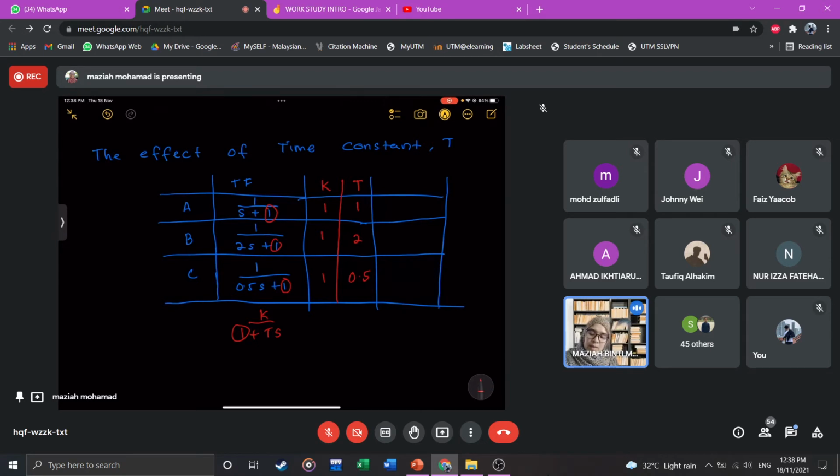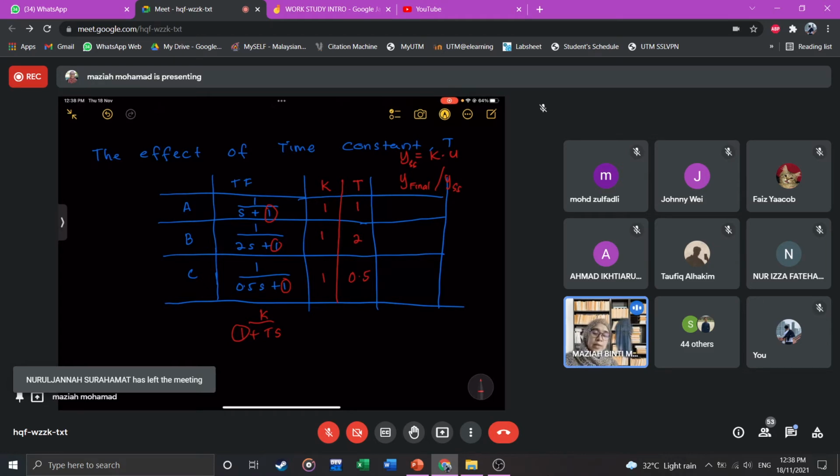Let's calculate Y final, or sometimes we call it Y steady state. I already said that Y steady state is equal to K multiplied with U. We just consider the steady state.